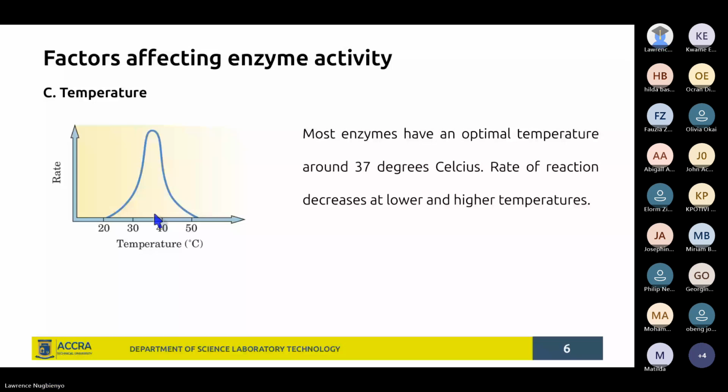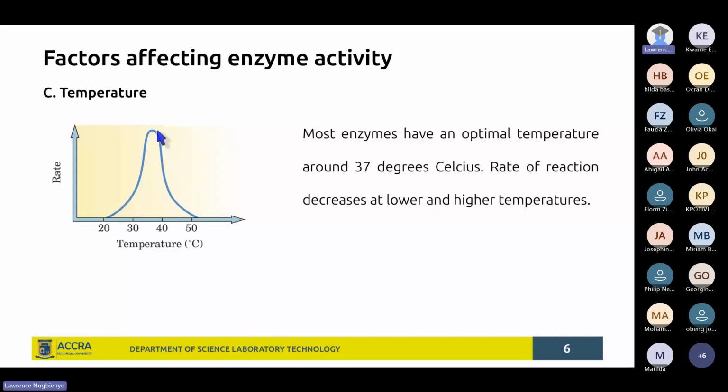Now, these things we are talking about, proteins and nucleic acids, you know them to be biomolecules. And these biomolecules at high temperatures, what happens to them? They get denatured. They lose their configuration. Their functional configurations are lost. And so they can no longer be functional as enzymes when you have temperature increasing beyond 40 degrees Celsius.